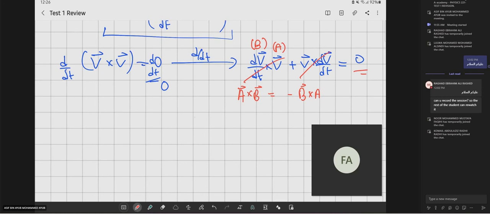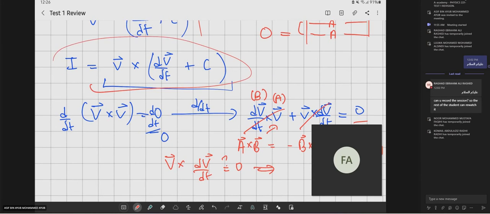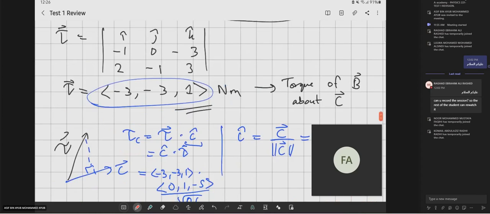But does this actually tell us that v cross dv/dt is 0? Not really. v cross dv/dt can be anything. All that matters is that this is the negative of this, and you'll get a 0. So we cannot really do anything else with this. So this is our final answer. Okay, so we've solved this problem.